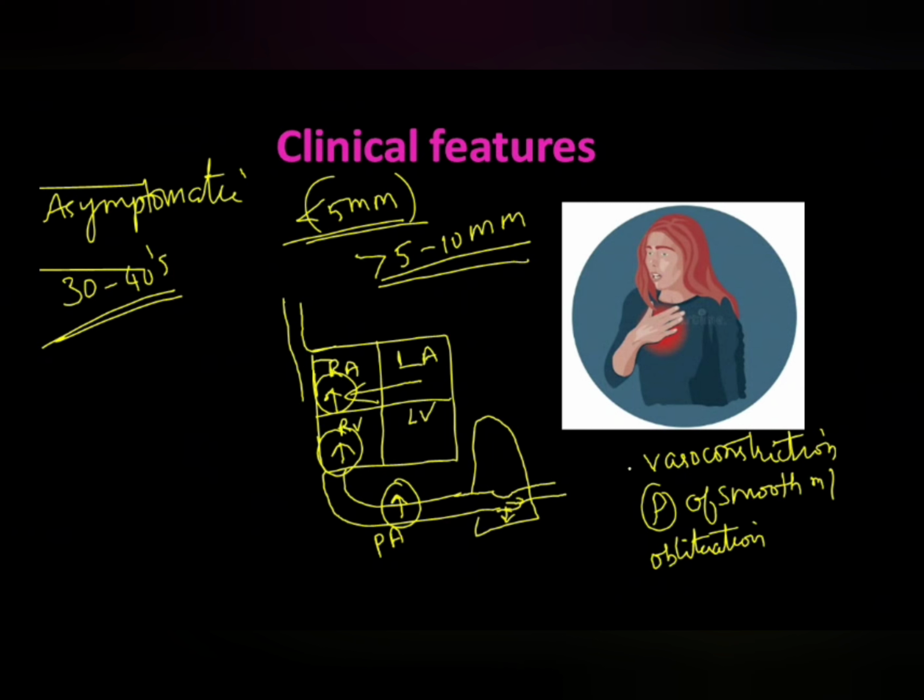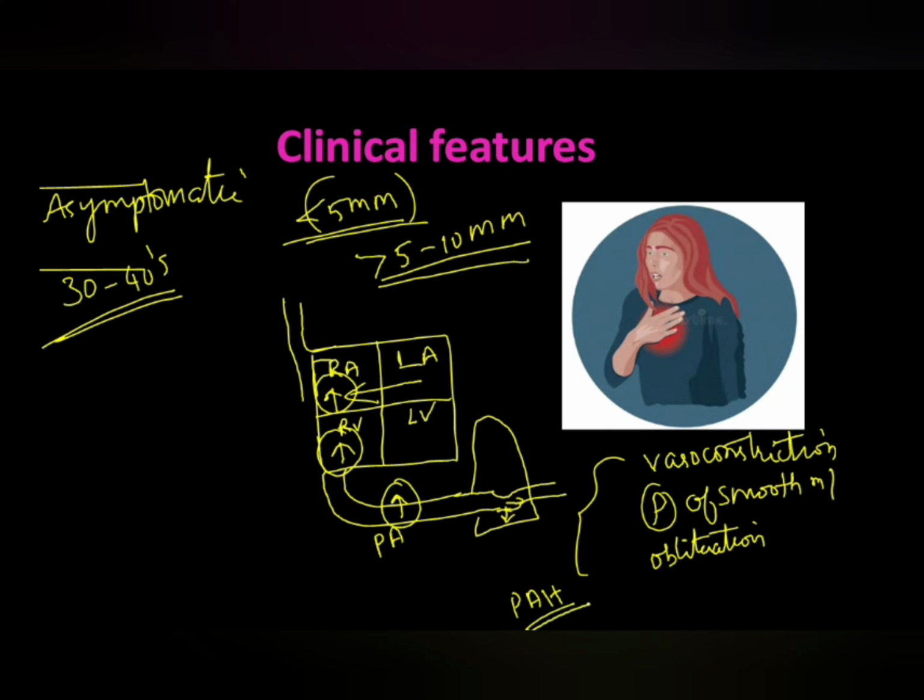All these together cause the pressure in the pulmonary artery to increase, which is called pulmonary artery hypertension. When there is pulmonary artery hypertension, the pressure over here is more, and this pressure is going to cause the right ventricle to undergo hypertrophy and dilation, which again affects the right atrium, causing hypertrophy and dilation.